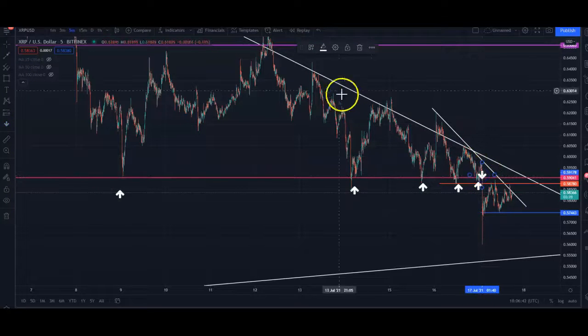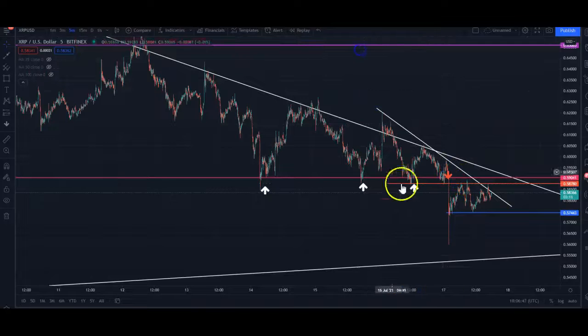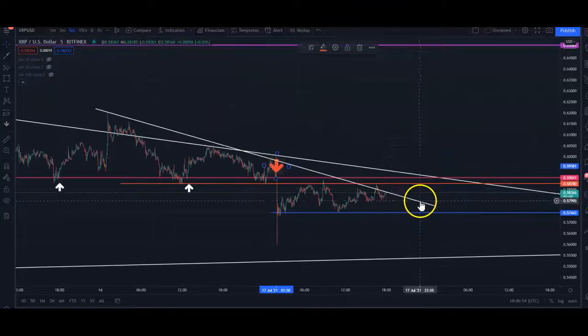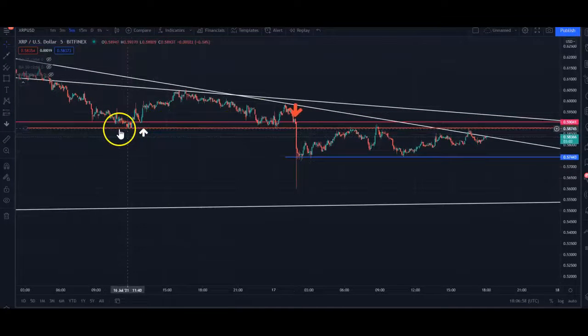Right here. Let me delete this one. See how price was always bouncing, even here, guys. Like we showed you, even here, bounce from this area, bounce from this area. Now, you can see here, it broke this area significantly.